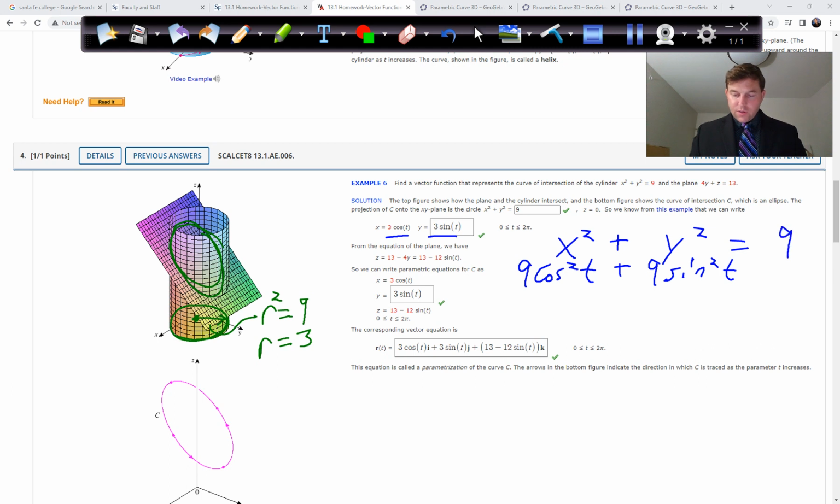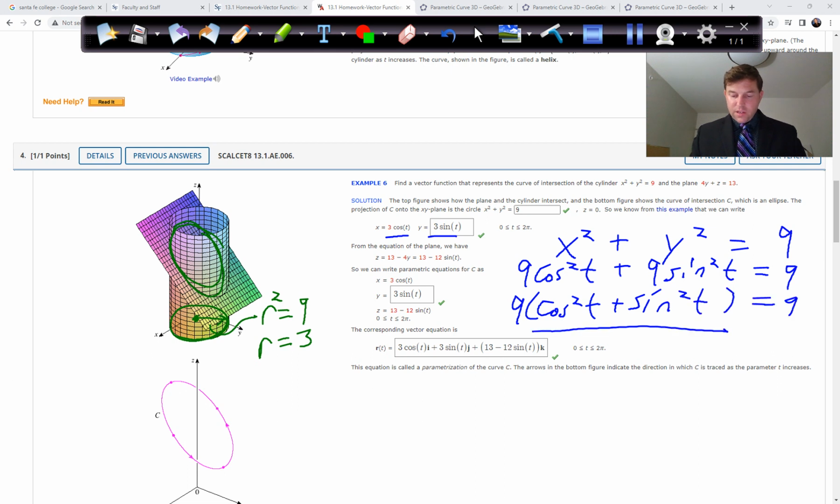And we said this equals 9, and this should equal 9 if we did this right. We'll factor out a 9. We're going to get cosine squared t plus sine squared t. But this whole thing equals 1 based on that property I gave you in the previous problem. And so it truly is equivalent. 9 equals 9. So that is a fair substitution.